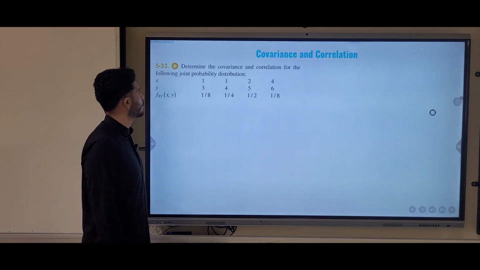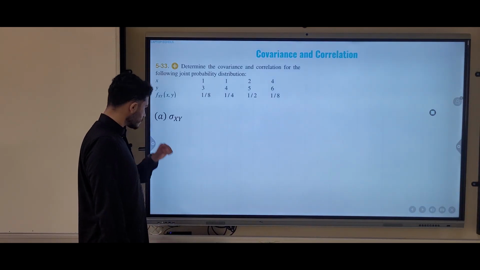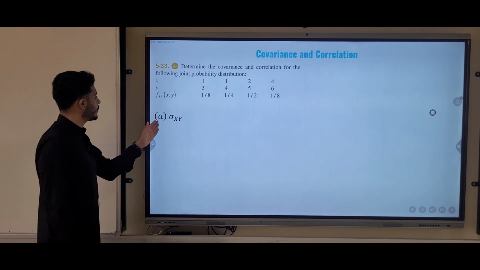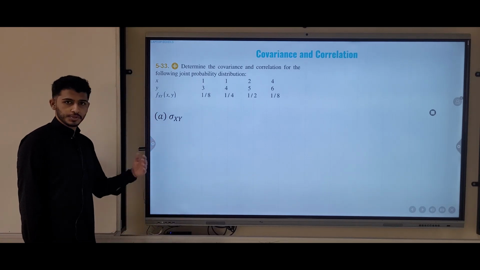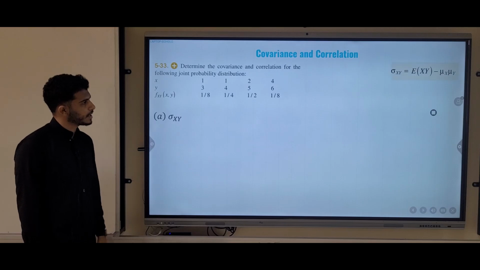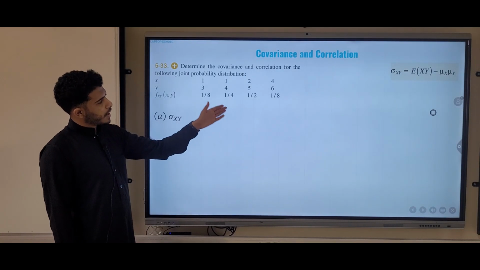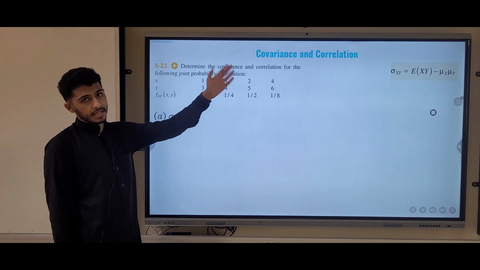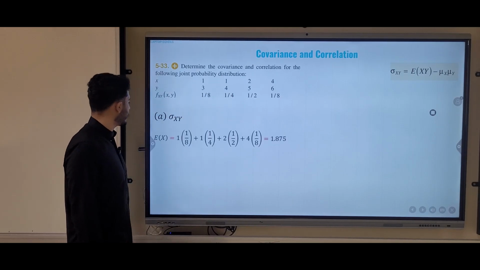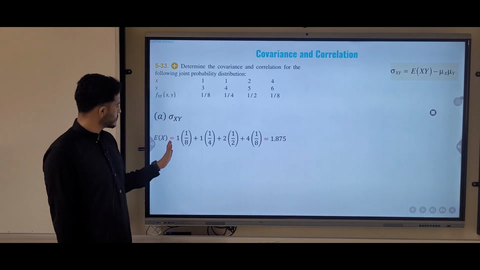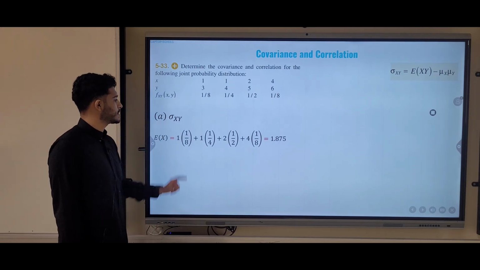Now let's solve questions for these. So the first question says, we want to find sigma xy, which is the covariance. So let's have the formula for the covariance right there. So we have to find the expected value of xy, the expected value of x, and the expected value of y. Let's start with the expected value of x, and the way we find it is by multiplying each outcome by its probability.